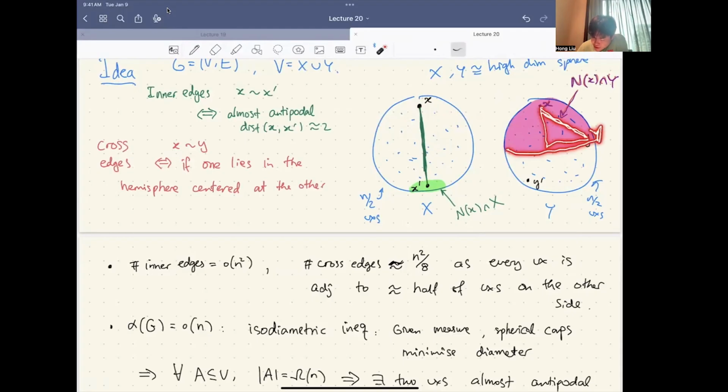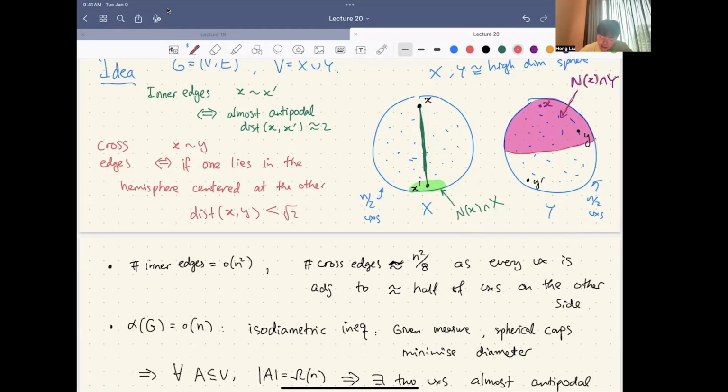What's the distance between x and y? This is 1, this is 1, this is square root 2. So the distance is close to square root 2, let's say less than square root 2.